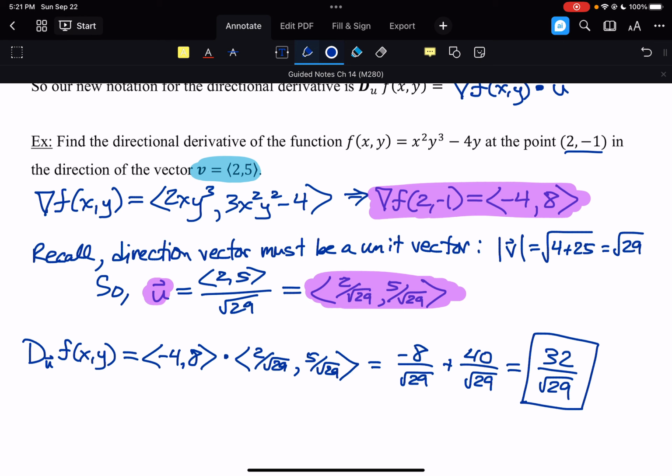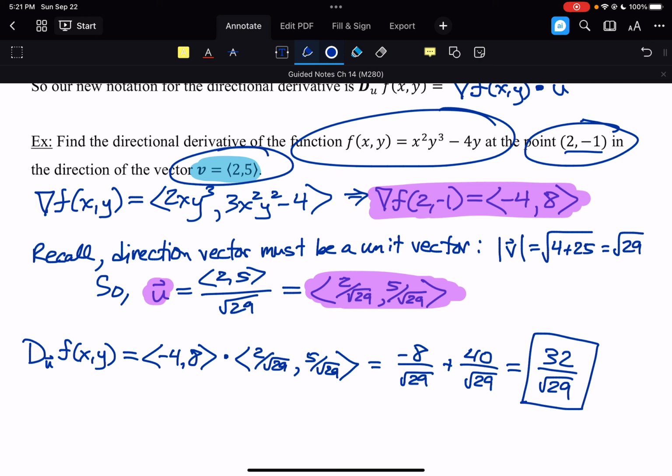So that is the value of the directional derivative. That is the slope on this function at this point in this direction.